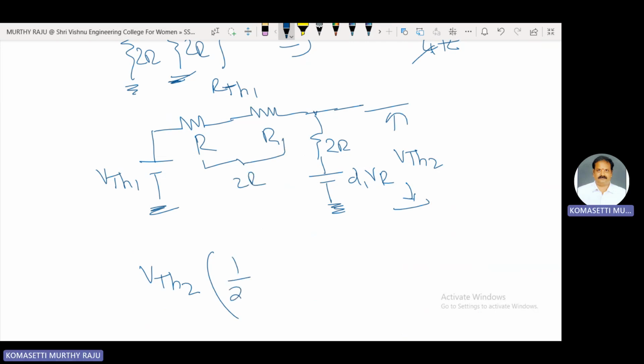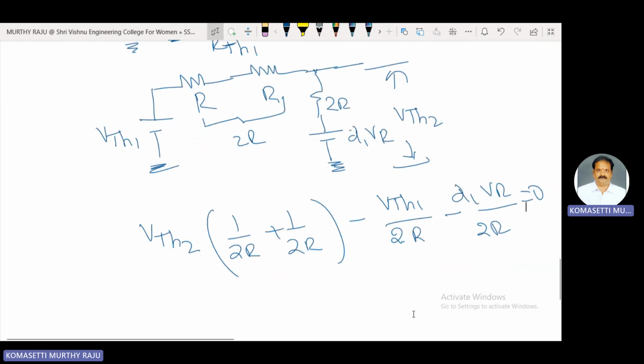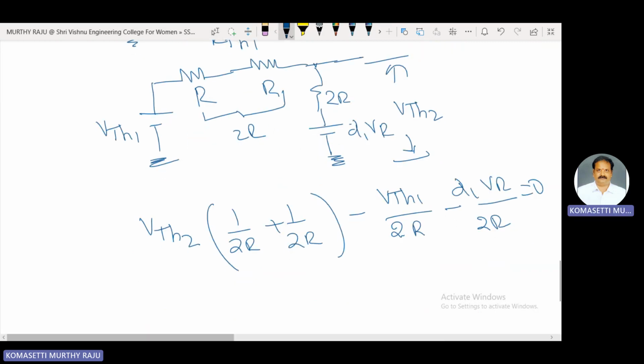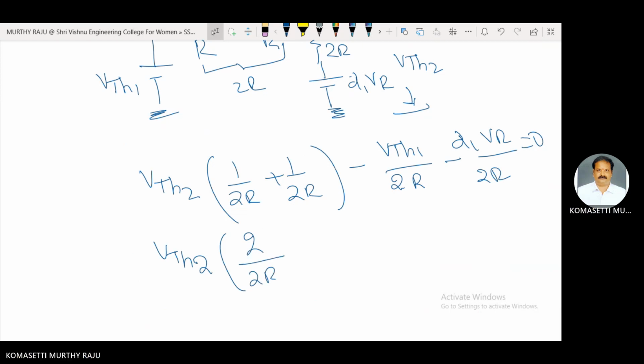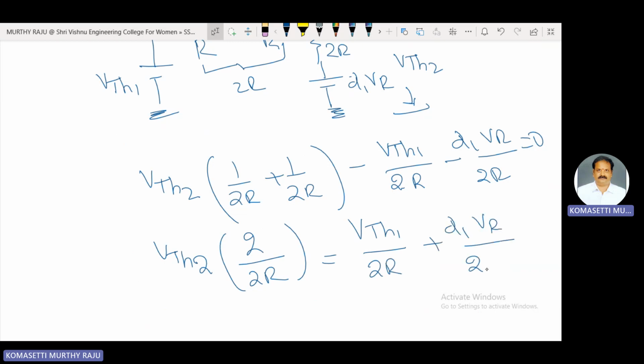That is 1 by 2R plus 1 by 2R, minus VTH1 by 2R, minus D1 VR by 2R is equal to 0. Simplify this one. Find out VTH2. VTH2 into 2 by 2R is VTH1 by 2R plus D1 VR by 2R.